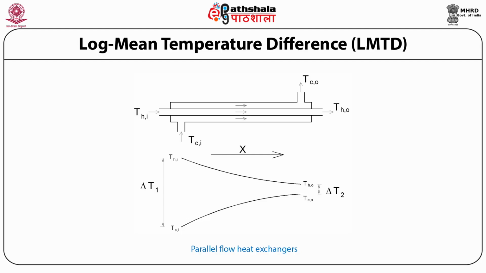At one end the temperature difference del T1 equals Thi minus Tci, whereas at the other end del T2 is represented as Tho minus Tco. As already discussed, in a parallel flow heat exchanger, the picture depicts that the cold fluid outlet temperature is always lesser than the hot fluid outlet temperature.